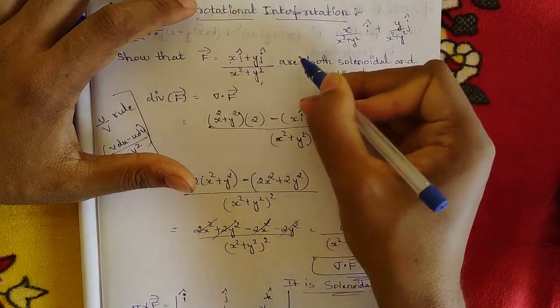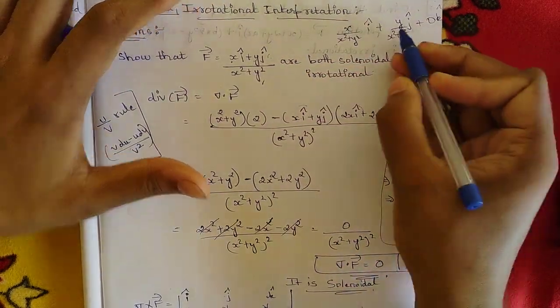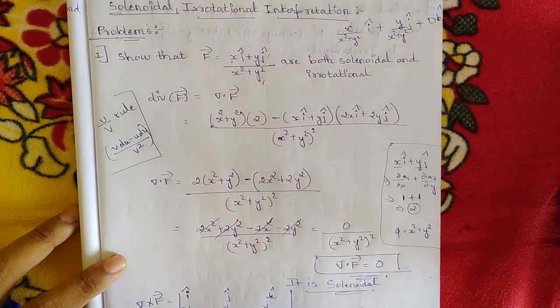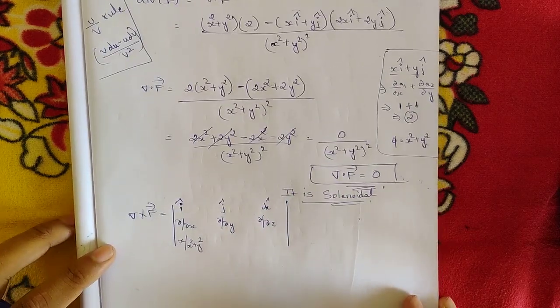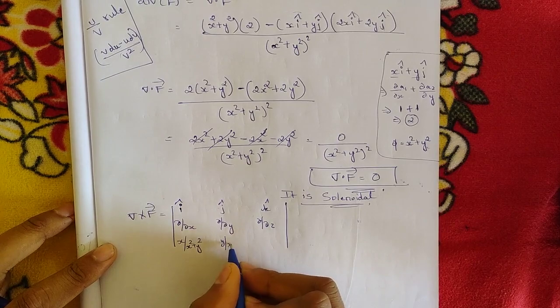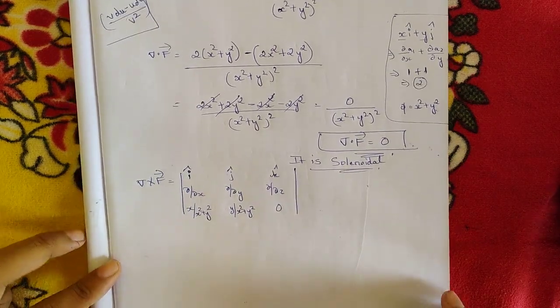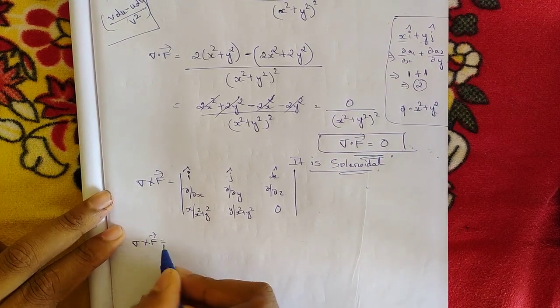The k cap term is not there here, so plus 0 k cap. Okay, so these are the coefficients here: x divided by x square plus y square, y divided by x square plus y square, and 0. Okay, now for this, solve for the curl and let us see whether we get 0 or not.